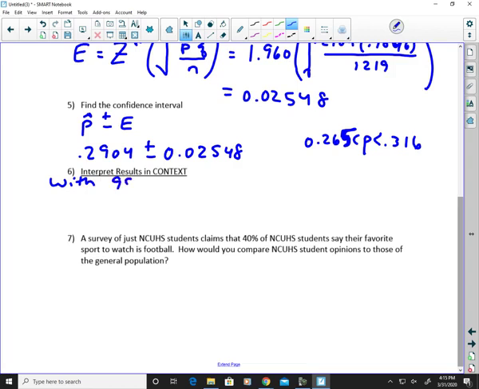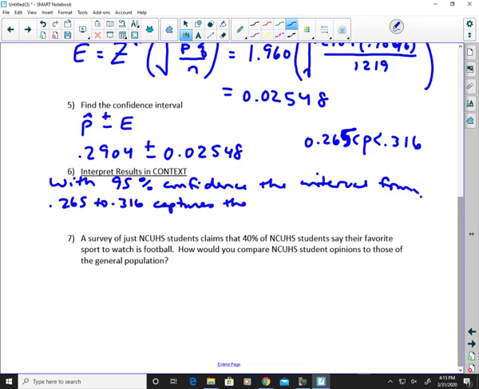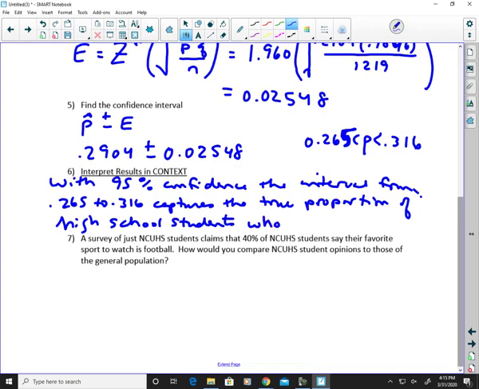With 95% confidence, the interval from 0.265 to 0.316 captures the true proportion of high school students whose favorite sport to watch is football.